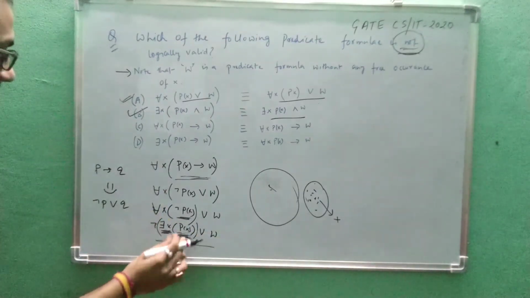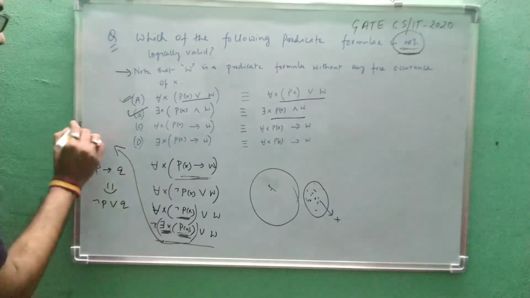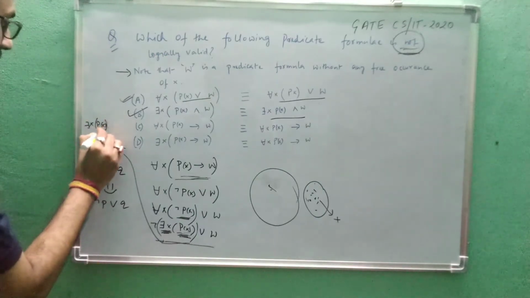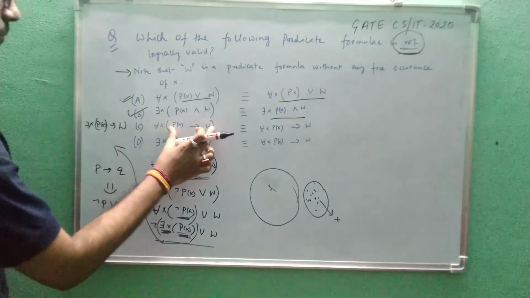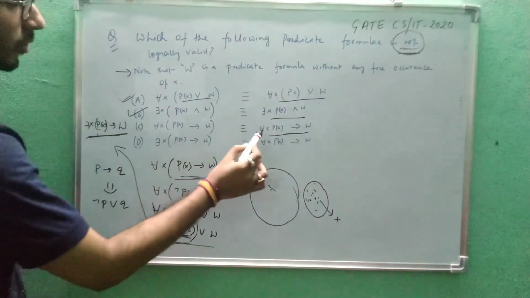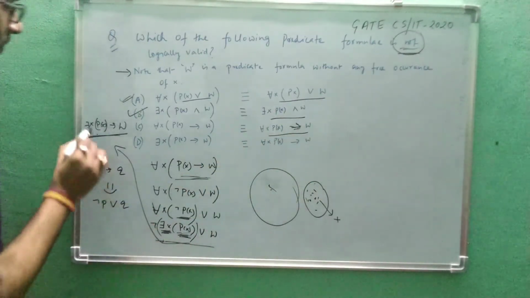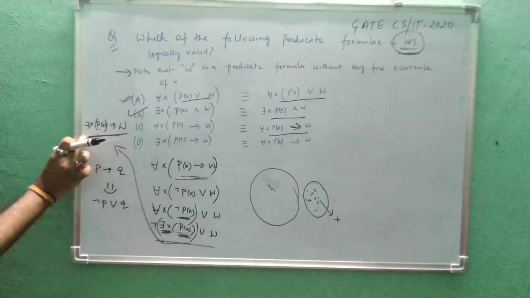We can simply write this one as there exists X, P of X implies W. So finally this boils down to this. But in this question we have been given that for all X, P of X implies W. But we have got there exists here. So it is wrong.